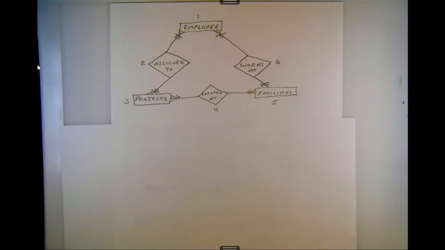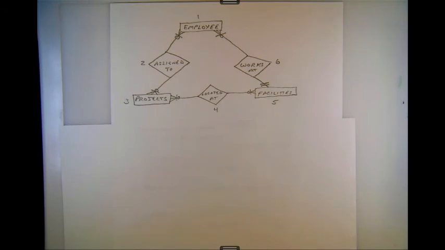Employee is number 1, the assigned to relationship is number 2, projects is number 3, the relationship located at is number 4, facilities entity is number 5, and works at is number 6. Okay, I think all of you know how to number things, right? So that should be okay.